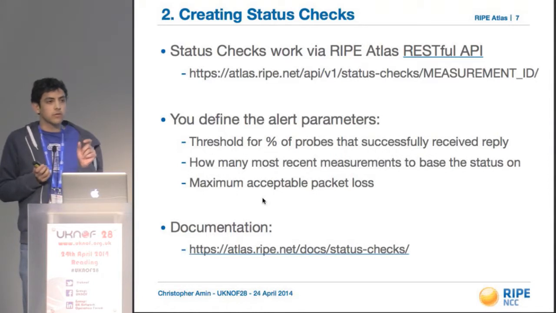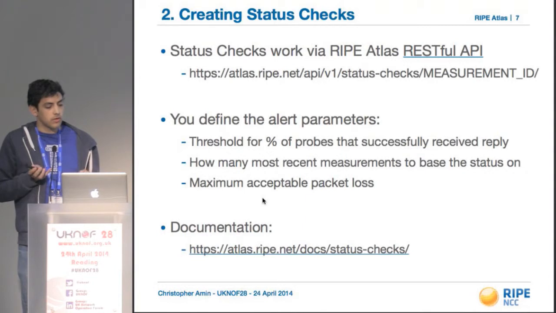And you can configure thresholds and look back and so on to see, okay, my median RTT has gone way up and I just want it to tell me. So it's a poll mechanism. You're requesting this URL in your scripts.